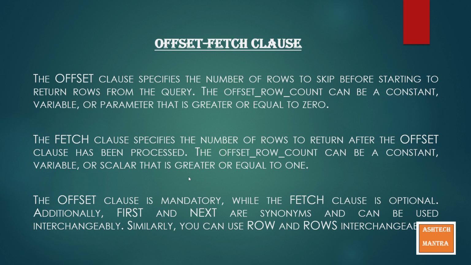Now I am using the FETCH keyword here: FETCH NEXT 10 ROWS ONLY. So what will be the result set here? It will fetch only 10 rows, but it will skip the first 10 rows. So the result will be row number 11 to row number 20.